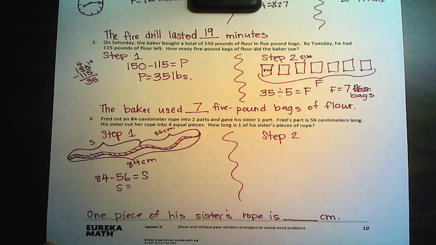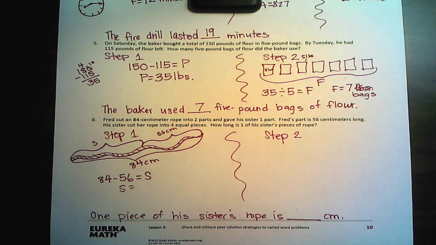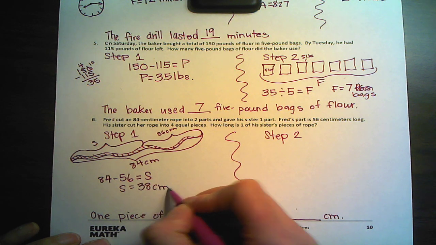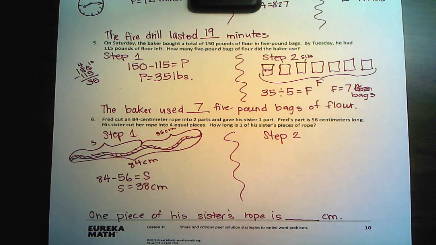S equals, will you go ahead and solve that for me? I'm going to do that over here so you can solve that without being persuaded by me. Okay, I got 38 centimeters. Did you get the same? Is that right?